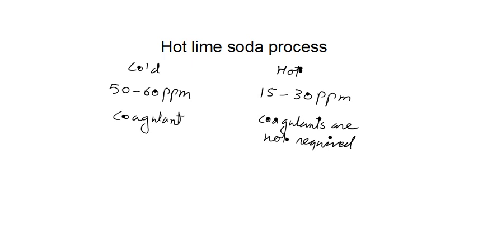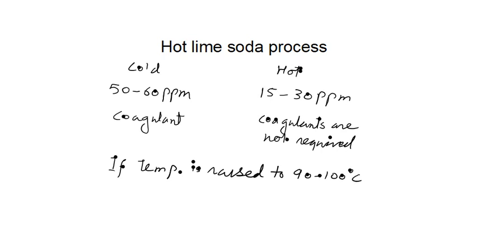The fundamental difference or the success of hot lime soda process is that much of the precipitation occurs in 10 minutes only if the temperature is raised to 90 to 100 degrees centigrade.